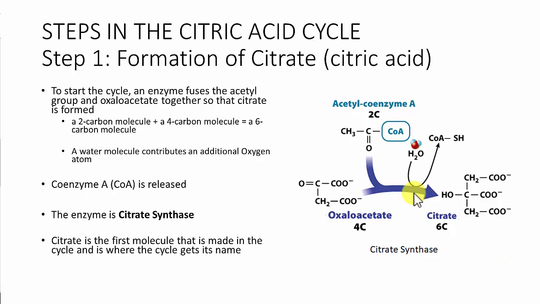Anyway, we now have a six carbon compound known as citrate. The enzyme here is known as citrate synthase because it synthesizes citrate in this reaction. And in the process, the coenzyme carrier is actually released, and it can be used again in a different reaction later, so it can be recycled.